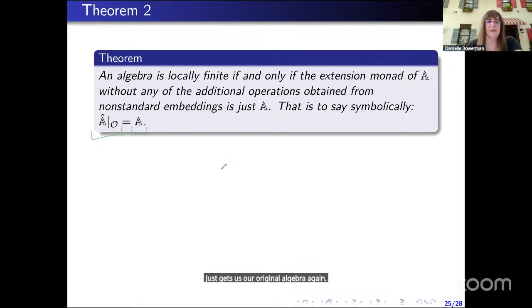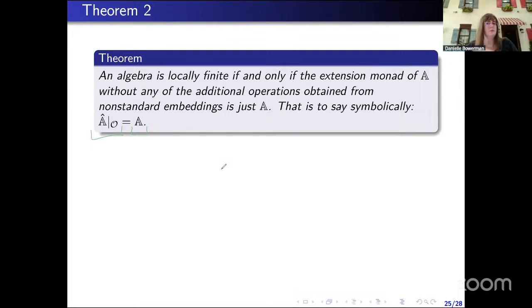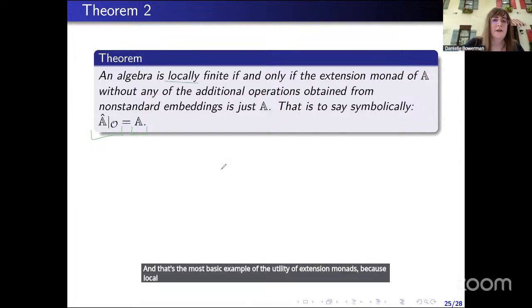So basically, we have an equivalent equation that tells us if it's locally finite. And that's the most basic example of the utility of extension monads, because local finiteness is possibly the most basic local property.